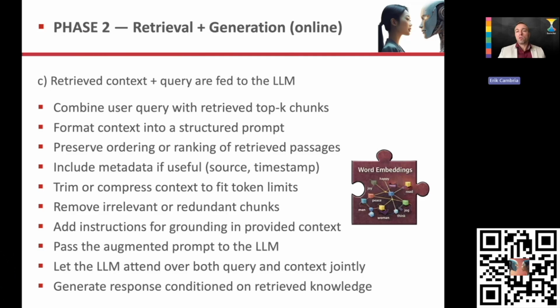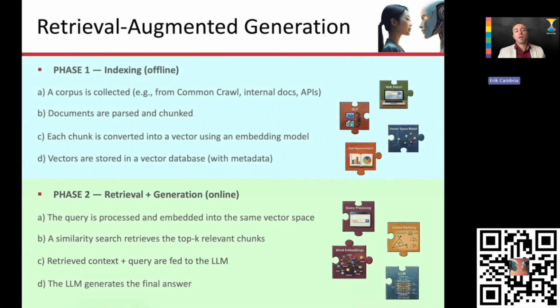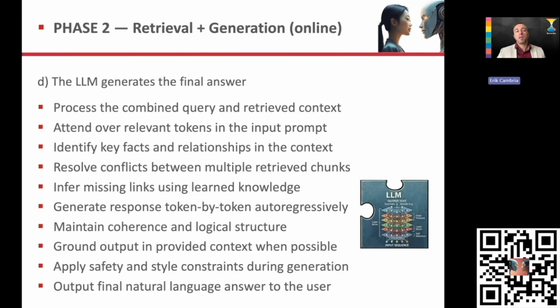So I can use these vectors that have a high cosine similarity with the query, merge them together, and feed them to the large language model that will finally provide a very contextualized and supposedly very relevant answer. Why? Because on top of using its general knowledge, it will use the context that I'm providing through my vector database.